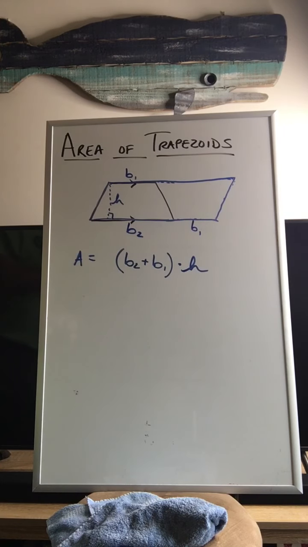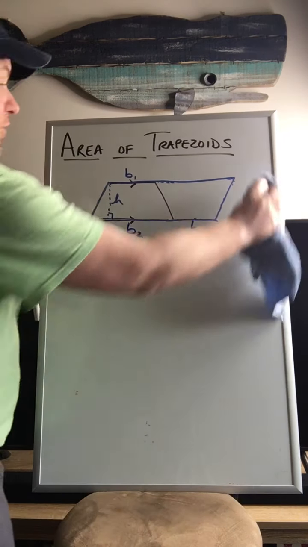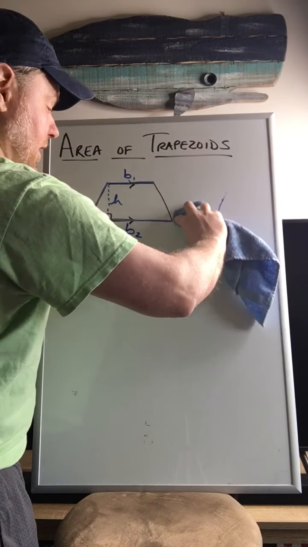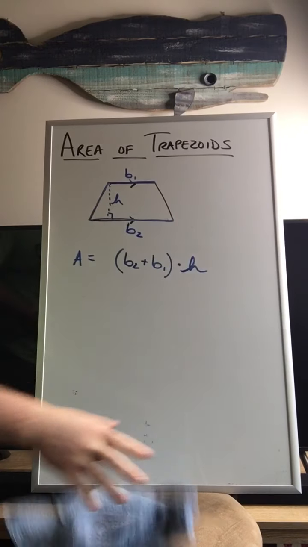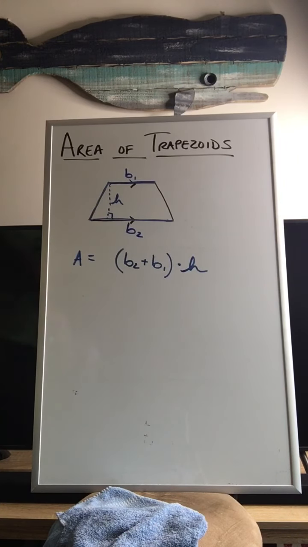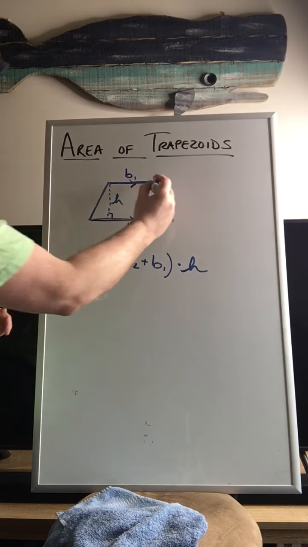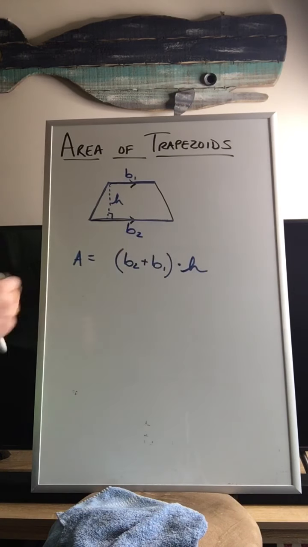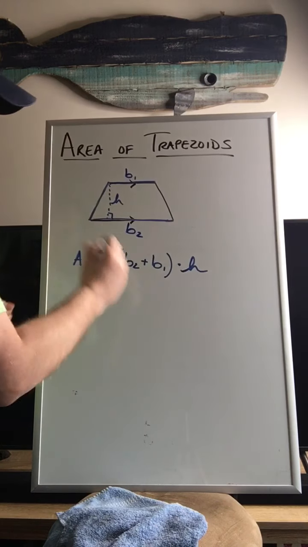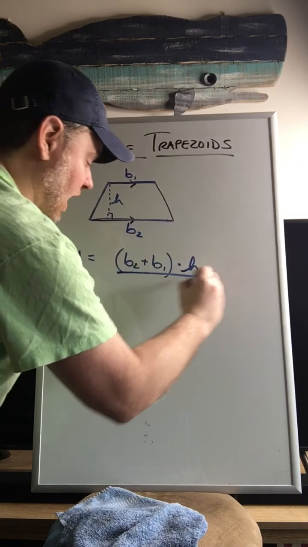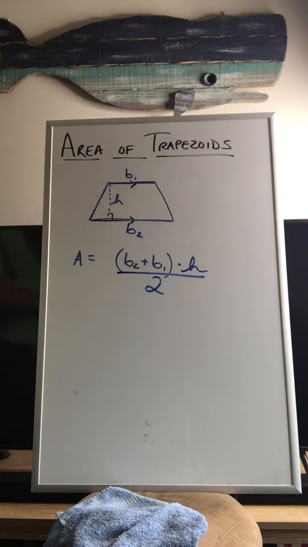So if we want to know what the area is of just the trapezoid, it's going to be half of the area of that parallelogram that I had drawn up there. So we would need to take this area and we would need to divide it by 2. So that's actually the formula for finding the area of a trapezoid.